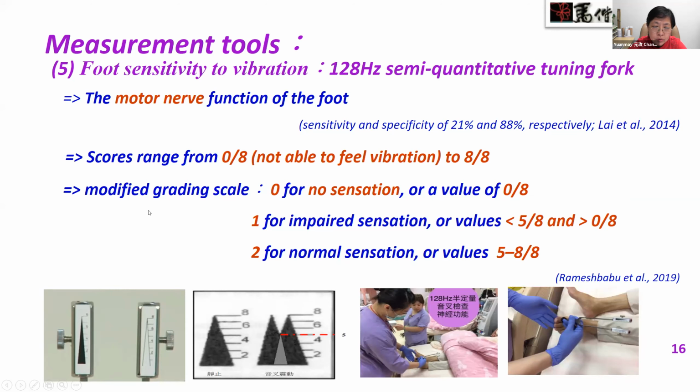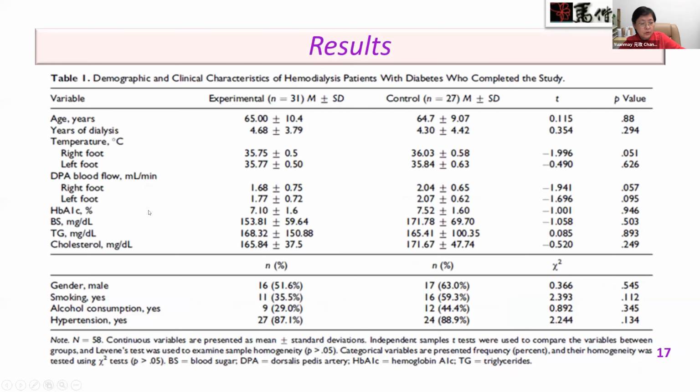The range is 0 to 8 out of 8. Then we modify the grading scale to 0 to 2, so 0 indicates no sensation and 2 is normal sensation.